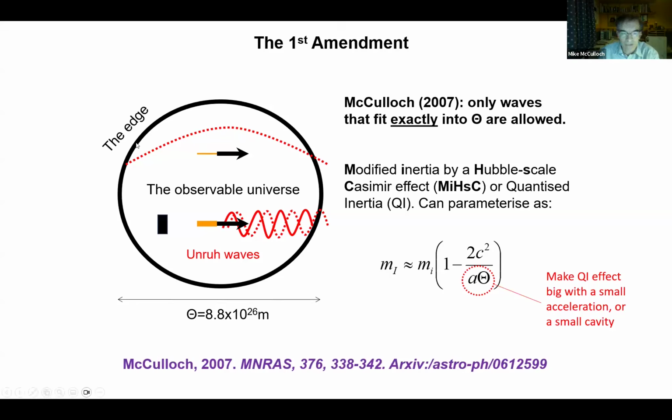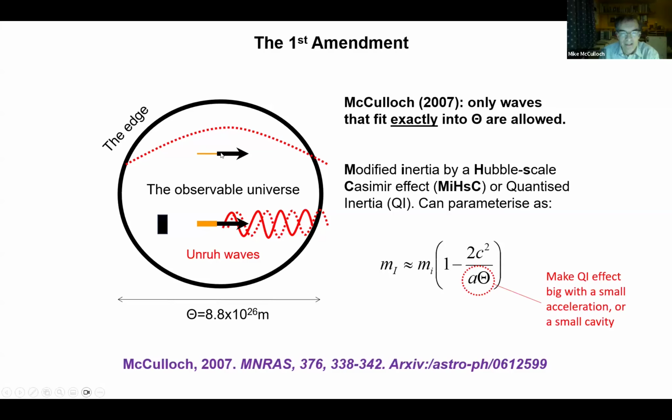Because we're in something called the observable universe. So this is supposed to represent the observable universe, the part of it we can see. If you have a rocket accelerating rapidly, as shown here, it'll see short Unruh waves. I've shown those with the red waves. And they'll be in front of it and they'll push it back. So this rocket will have inertial mass.